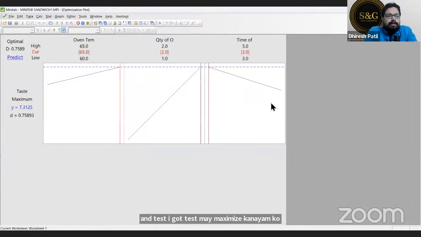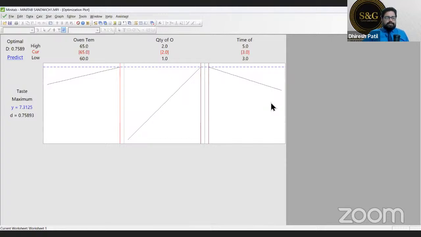And this optimizer has come. Everybody has got it? Just type yes in the chat box. Yes, fantastic.